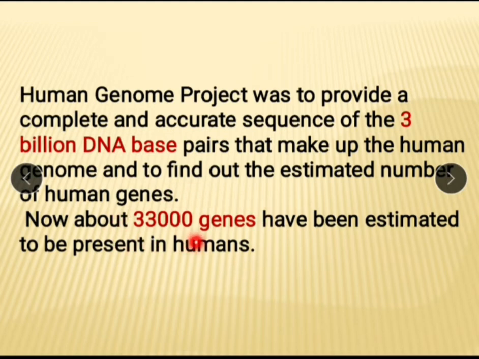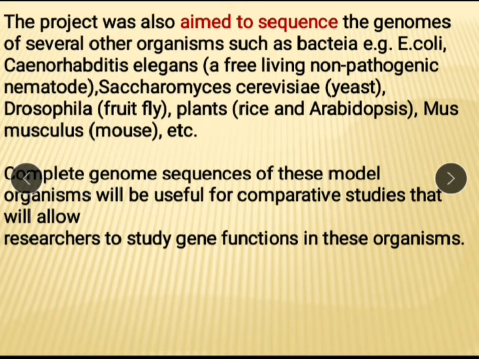How many genes are there? 33,000. And how many base pairs are there? 3 billion DNA base pairs are there, which make up the human genome. The project was also aimed to sequence the genome of several other organisms, such as bacteria E. coli, then a free-living non-pathogenic nematode, Caenorhabditis elegans, then yeast, that is Saccharomyces cerevisiae, Drosophila fruit fly, plants like rice and Arabidopsis, Mus musculus, that is mouse.